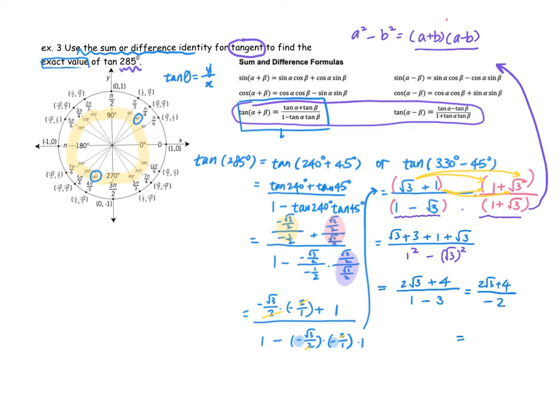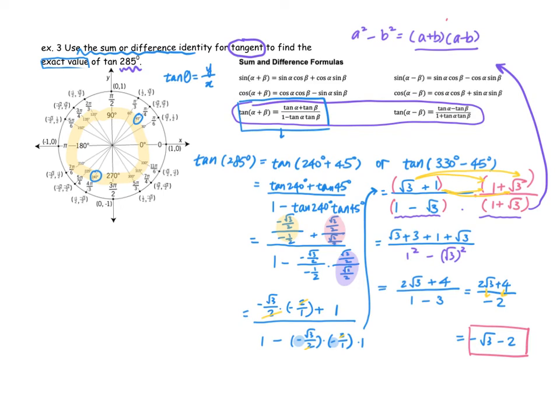For your final answer, when you're dividing, you have to divide every term in the numerator by negative 2, because you only have one term in the denominator. So 2 times radical 3 divided by 2 is negative radical 3. 4 divided by negative 2 is negative 2. Our final answer here is negative radical 3 minus 2.